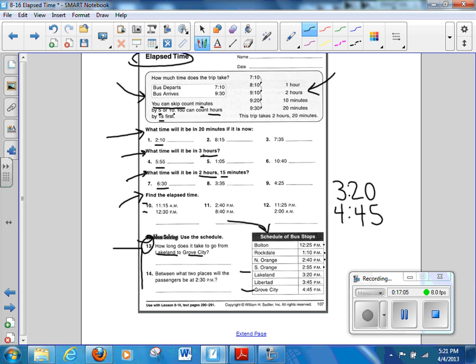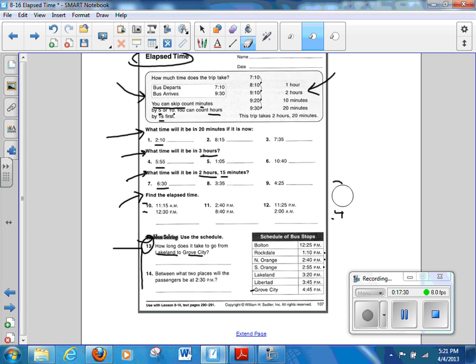How much time has elapsed? Well, you're going to look at the hours first. How much time has elapsed from the hour of 3 to the hour of 4, and then look at the minutes next, and you can count by fives from 20 minutes after 3 until you get to the 45 minutes after. And you'll figure out then how long it took to go from Lakeland to Grove City.